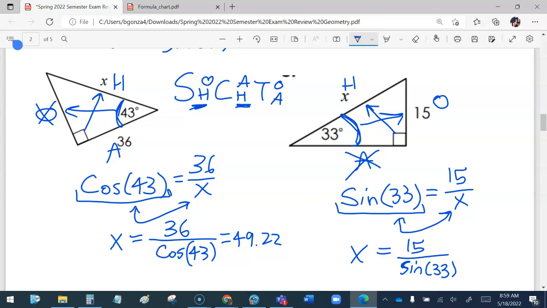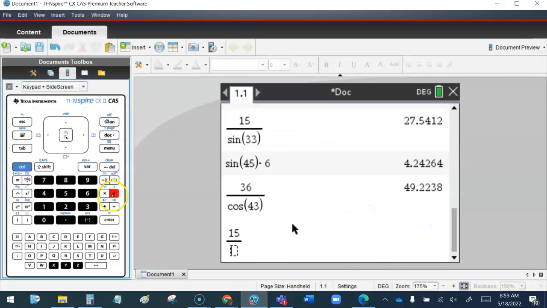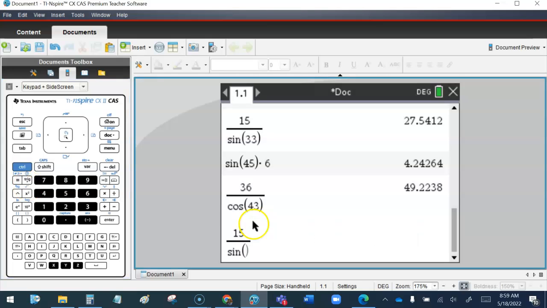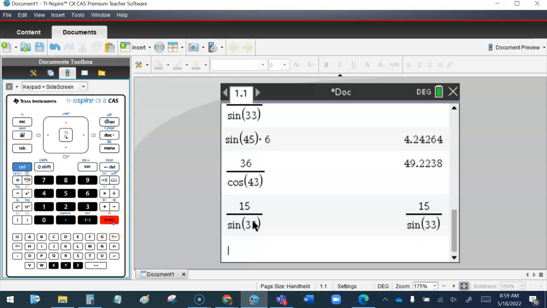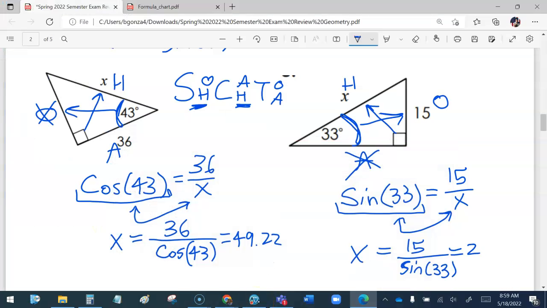The 15 stays on top, sine 33 goes to the bottom. What is 15 over sine 33? 27.54 units, whatever those units are.